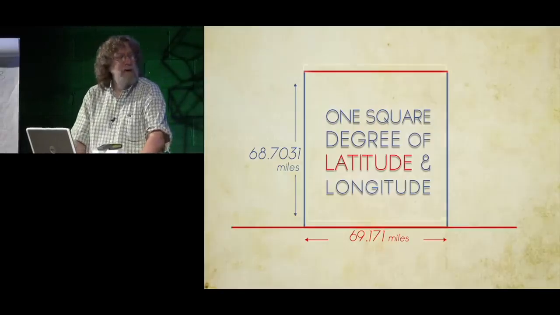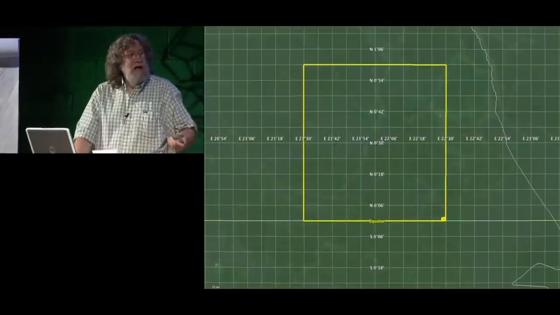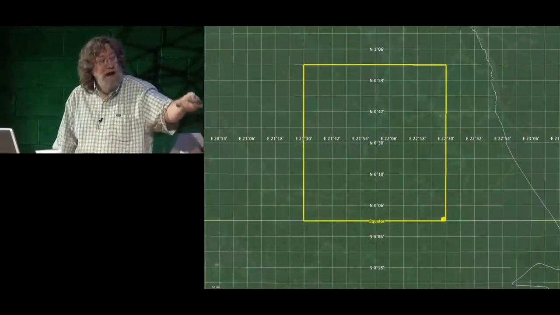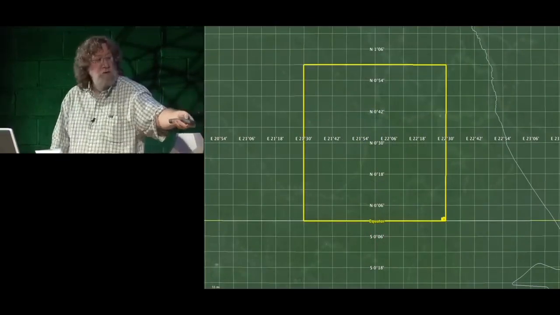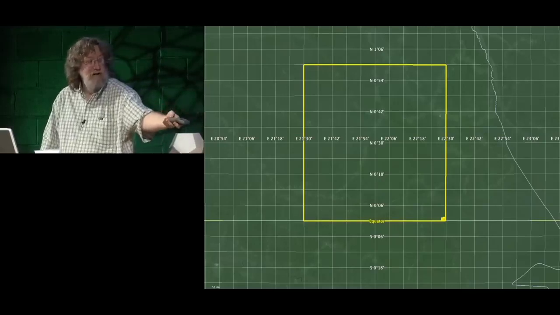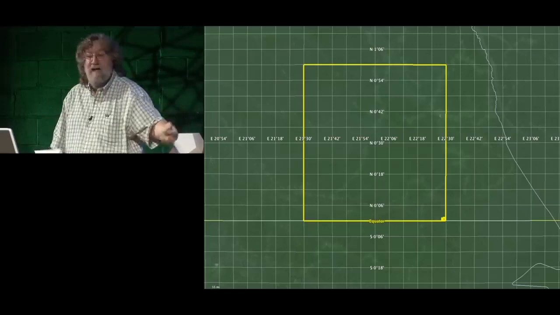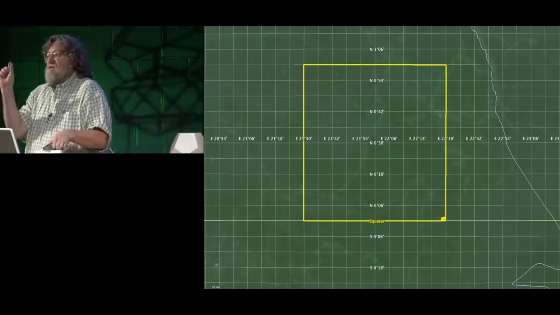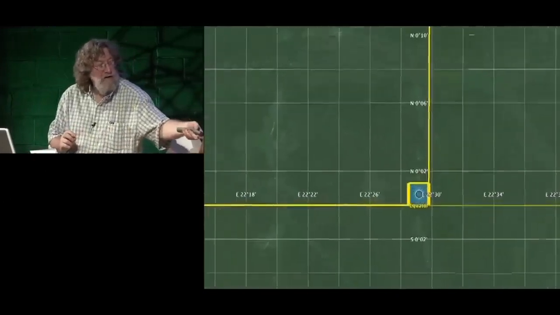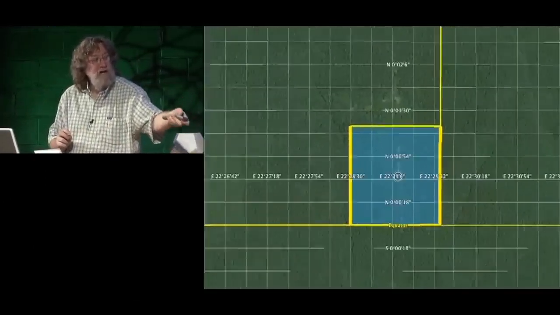Okay, so we're going to divide this up a little bit. If we take this square degree of latitude north to south, longitude east to west, and look very carefully down in the lower right-hand corner, you're going to see a little square. You see that little square? That represents 1 minute, 1/60th of the degree this way, 1/60th of the degree this way.